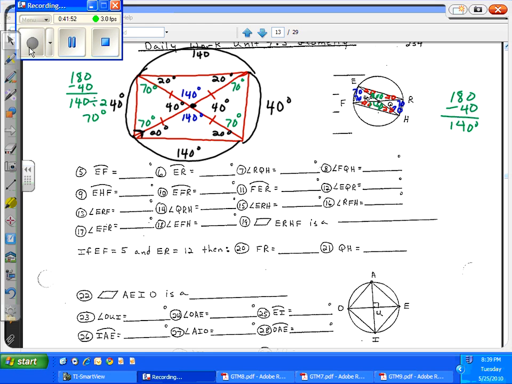So, arc EF, here's my E, F, H, R, and Q in the middle. Arc EF is 40 degrees. I like to fill in the whole picture and then answer the question, see? Arc ER, 140 degrees.